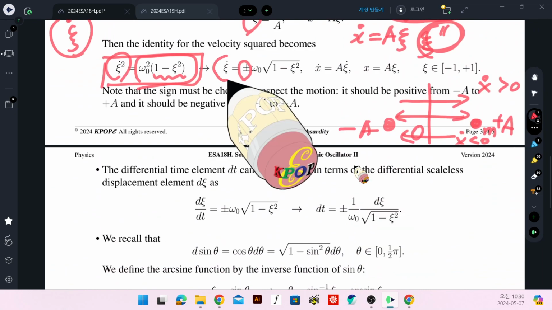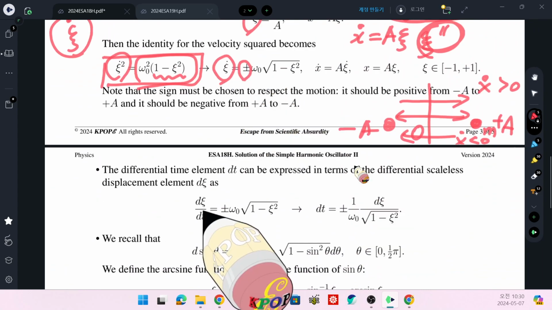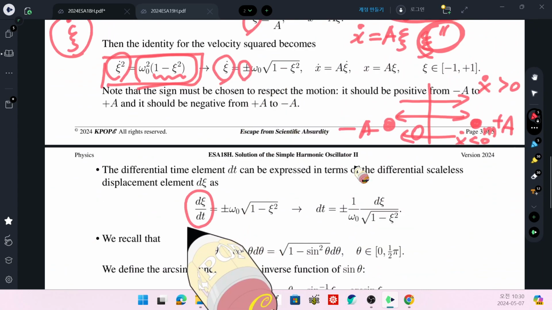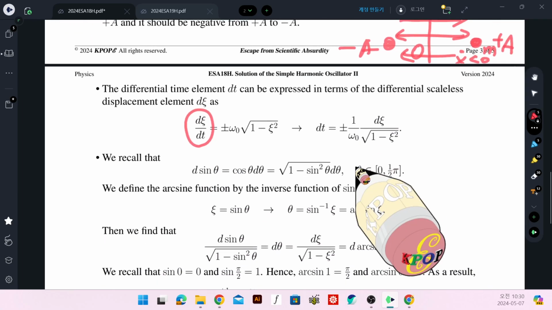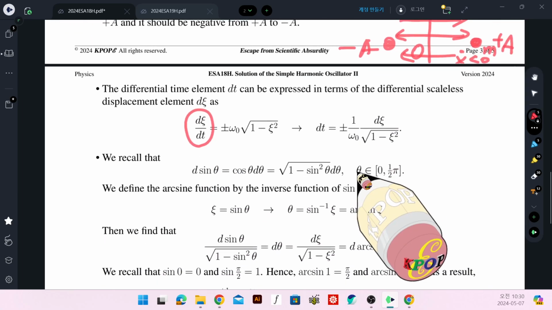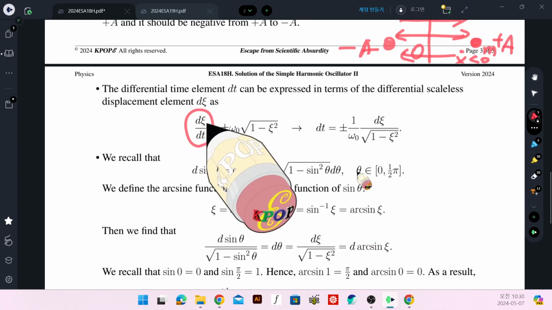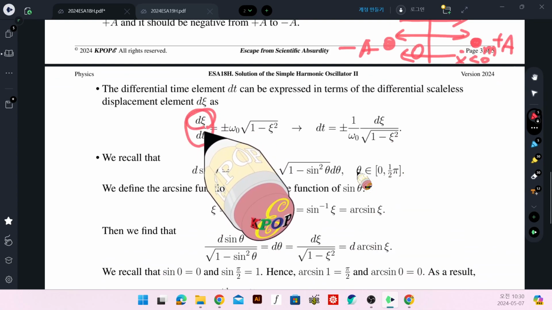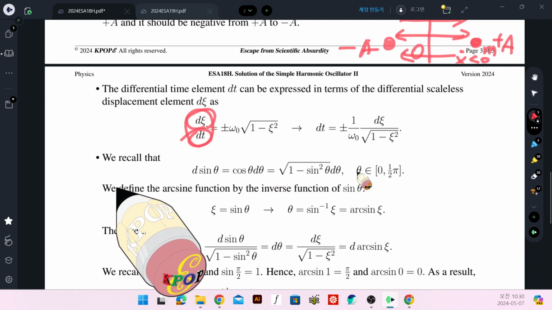Then this is xi dot, that is the first time derivative of the scaleless displacement with respect to the time. As a result, we separate the numerator and denominator in the Leibniz notation for the first order derivative.